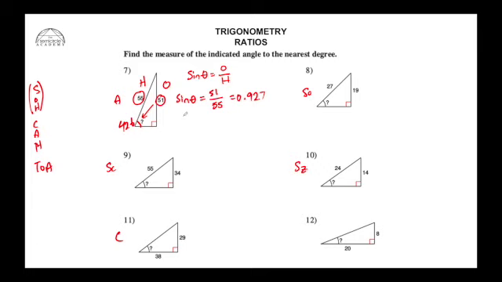And now I have the sine of the angle is 0.927, so the angle itself will be the sine inverse of 0.927. I didn't get that at all, because I used tan. The sine inverse of 0.927, yes, so it's actually 68 degrees, right?